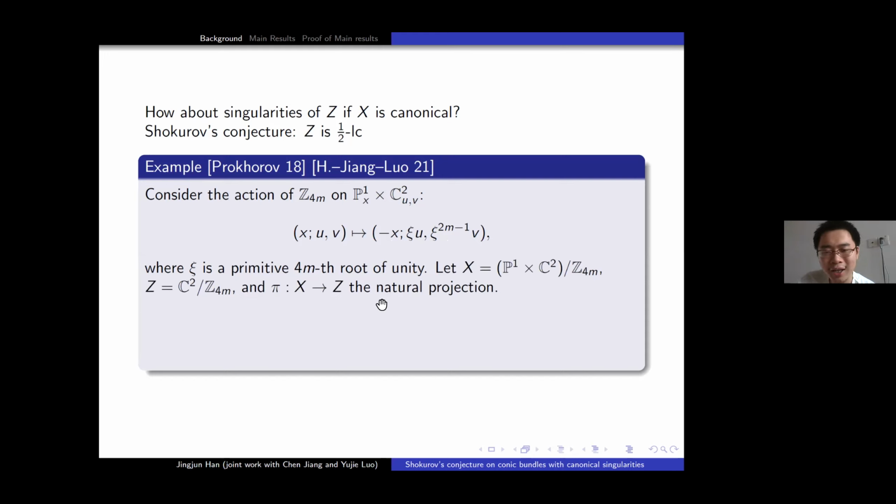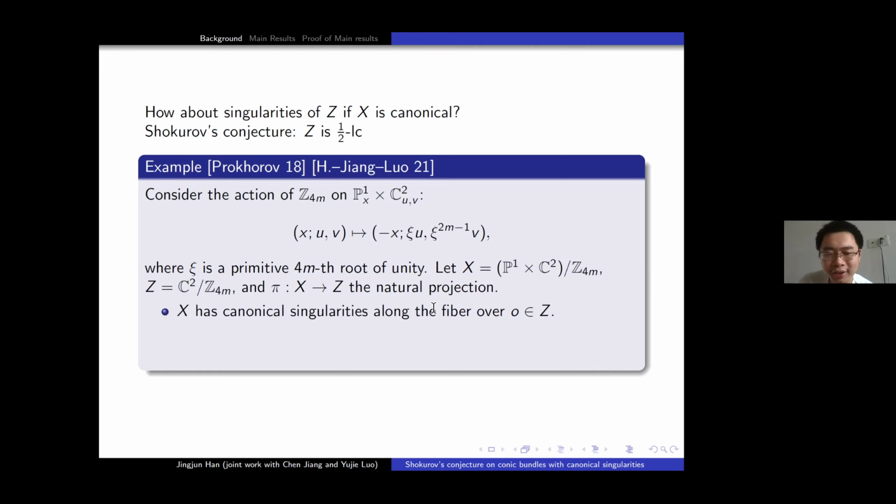If I let X be the quotient of P^1 times C^2 by this action, and I let Z be C^2 quotient by Z_{4m}, then if we restrict only to the uv chart, we can define Z and π to be the natural projection.